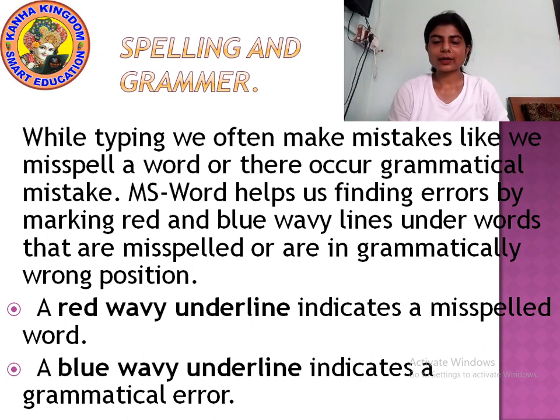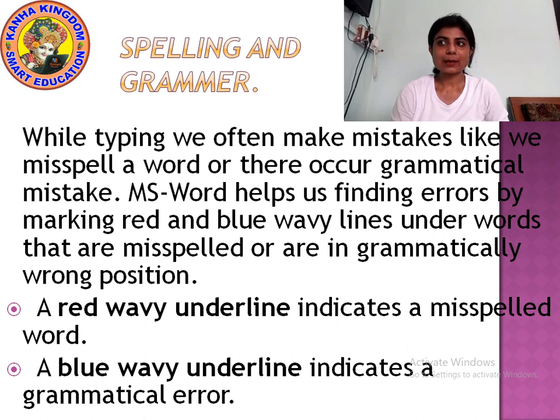Now students, our next content is spelling and grammar. Okay? What is spelling and grammar? What is this command? While typing, we often make mistakes like we misspell a word or there occurs a grammatical mistake.